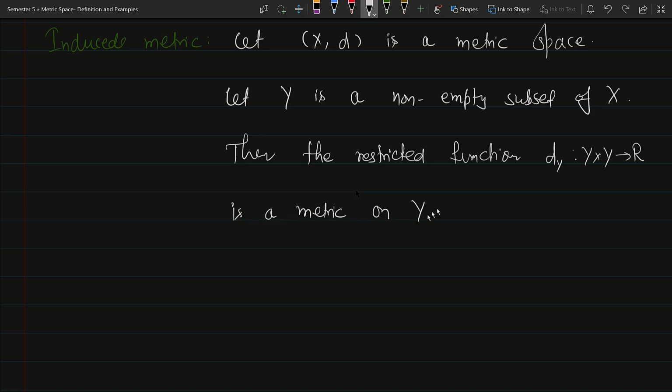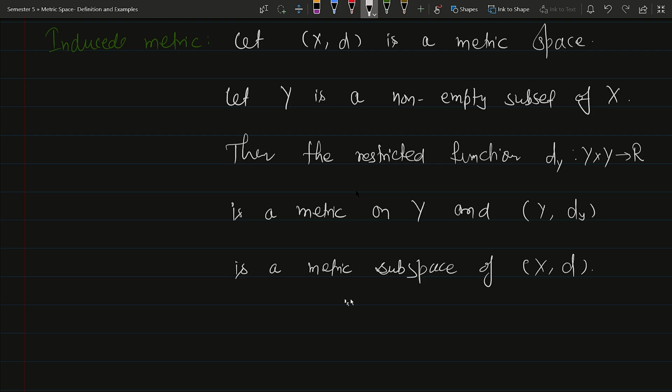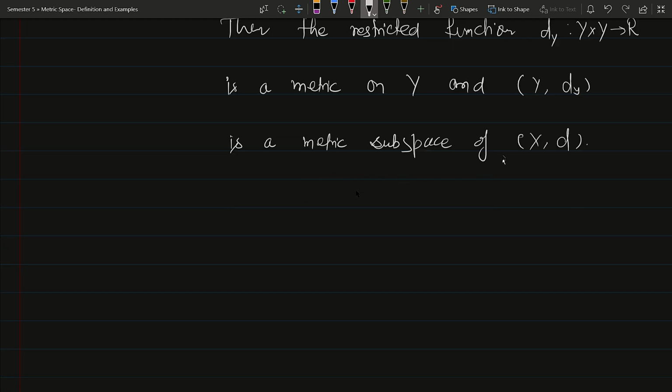on Y and (Y, d_Y) is a metric subspace of (X, d)। ठीक है, here this function d_Y which is restriction of d is known as the induced metric and induced by the mapping d.